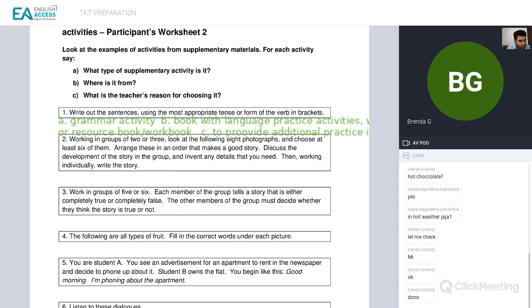Arrange these in an order that makes a good story. Discuss the development of the story in the group and invent any details that you need. Then, working individually, write the story. Okay. So what type of supplementary activity is this?